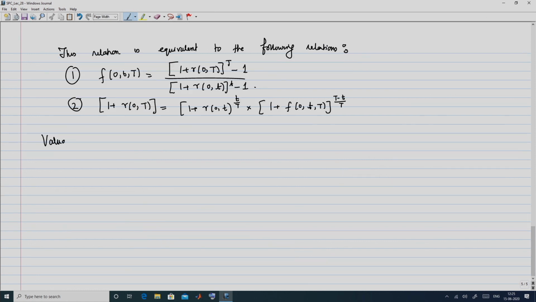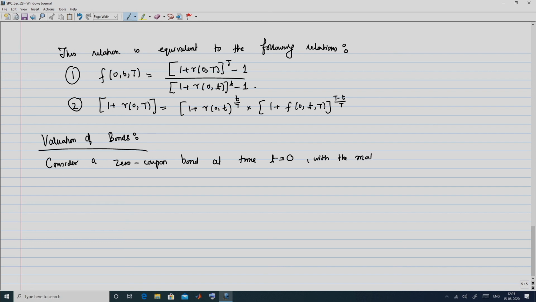Now, let us come to the concept of valuation of bonds. So, for this we first consider a 0 coupon bond at time t equal to 0 with the maturity, and in this case of course the maturity also coincides with the horizon of capital T. So, the maturity is capital T and this is the same as the horizon.